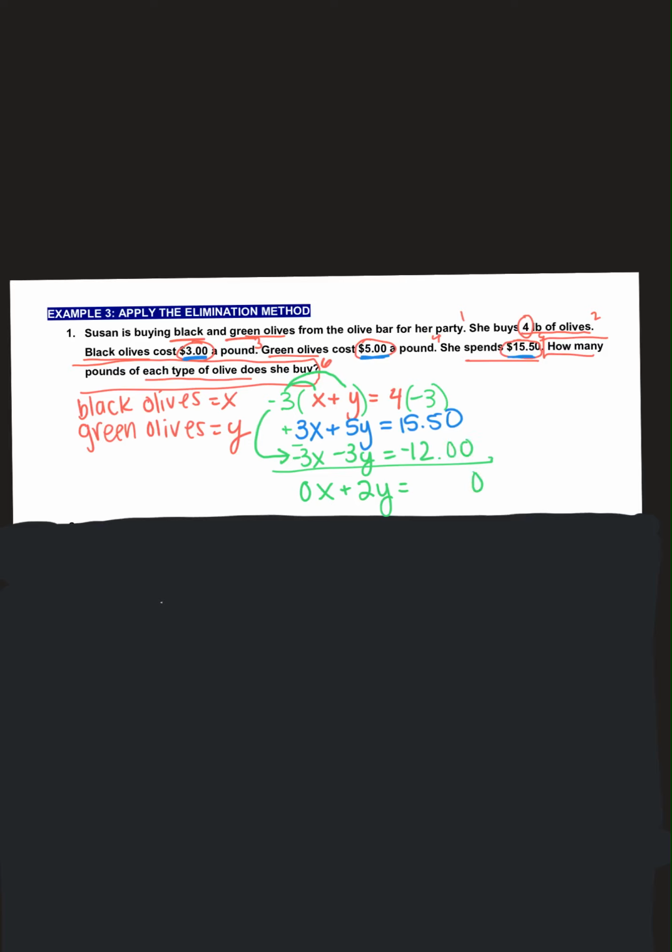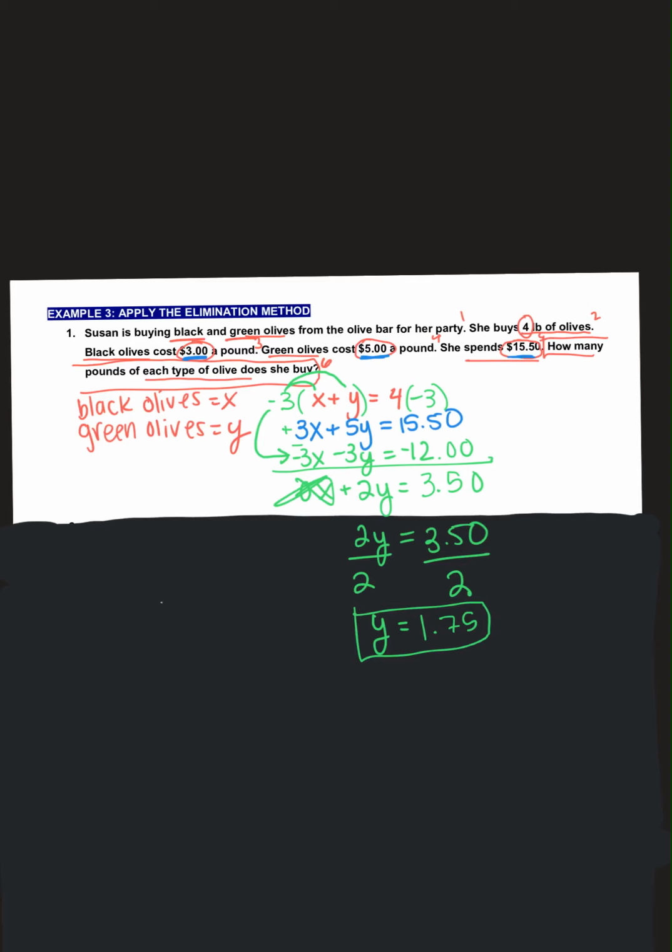I get 0, 5 minus 0 is 5, and then 5 minus 2 is 3, and 1 minus 1 is 0, so 3.50. Then I get 2y, because this goes away, equals 3.50. We're going to divide by 2 on either side, and we get y equals 1.75. So she buys 1.75 pounds of the green olives.